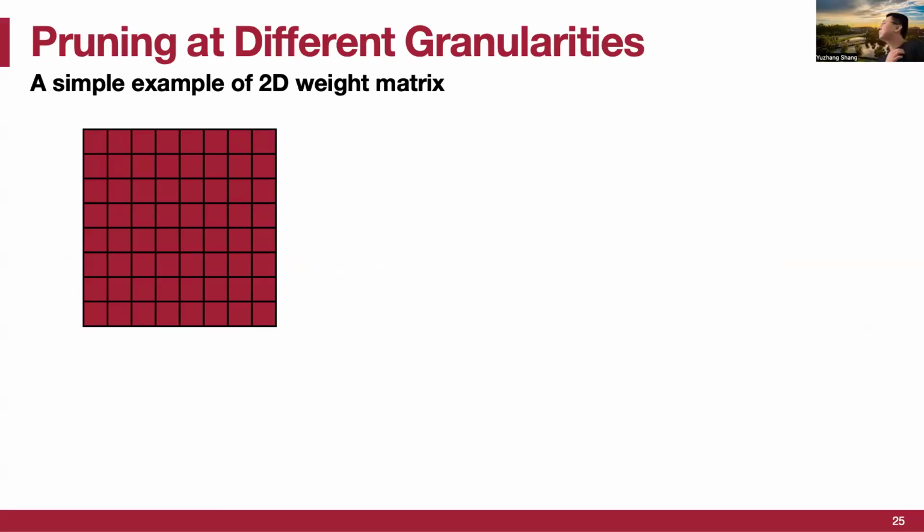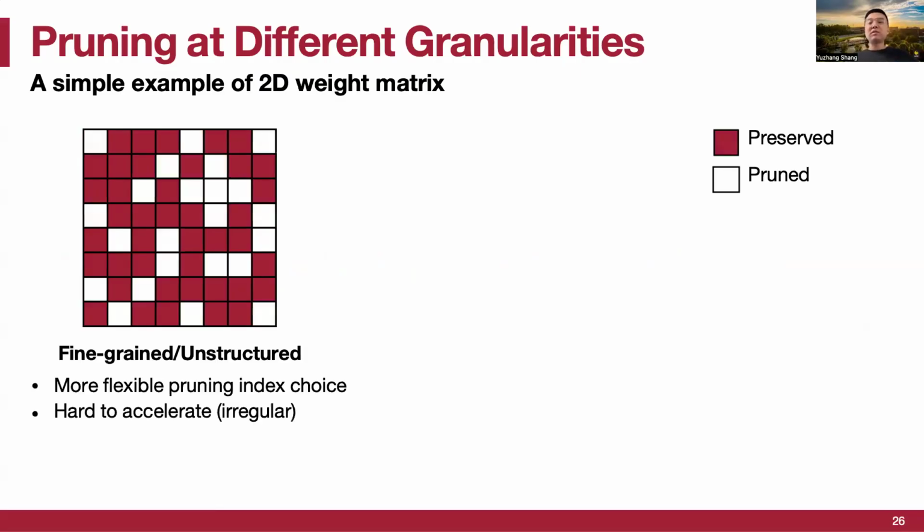Here is a very simple example of just one 2D weight matrix. The finest granularity is weight-level pruning, right? We can mask some weights in this 2D weight matrix out, and we get a very sparse weight matrix.